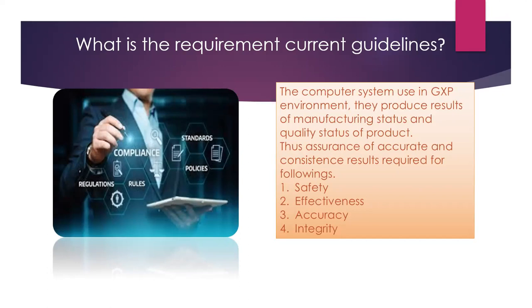All the guidelines say one thing only: that the computer system used in a GXP environment produces results of manufacturing status and quality status of the product. Thus, accurate and consistent results are required for safety, effectiveness, accuracy, and integrity. Ultimately, the purpose of all of this is that the product, whether we have data or the manufactured product, should not directly or indirectly impact the health or safety of the person.